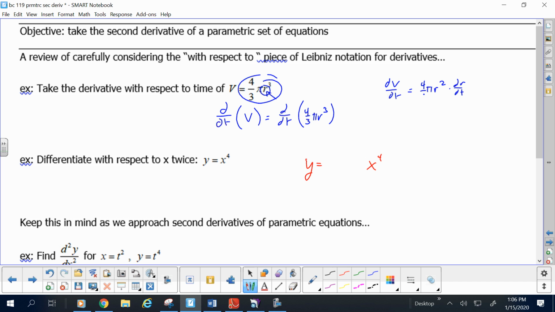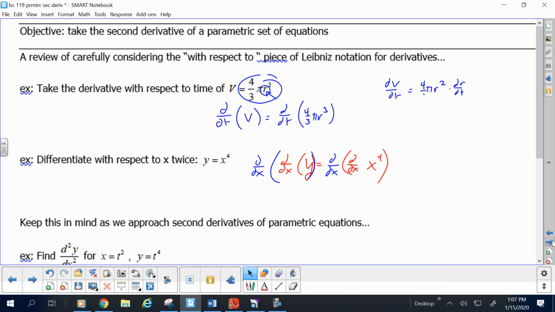All right, sorry, I didn't mean to waste your time. Now, if I want the second derivative, then I need to take the derivative with respect to x once of both sides. And then once I do that, I have to take the derivative with respect to x again. Now the part I want to focus on is notation.